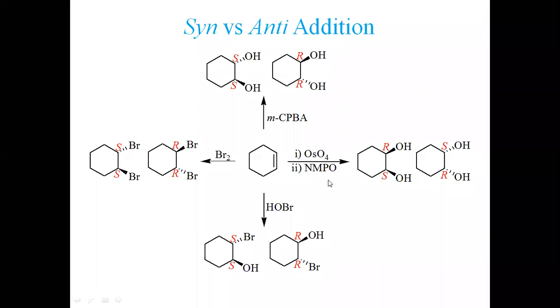This is the same anti-addition, resulting in the same isomer. This is SS, RR absolute configuration. But the entirely opposite isomers, both above the plane or both behind the plane, are generated in this mechanism. So this is just a review of what you have learned already.